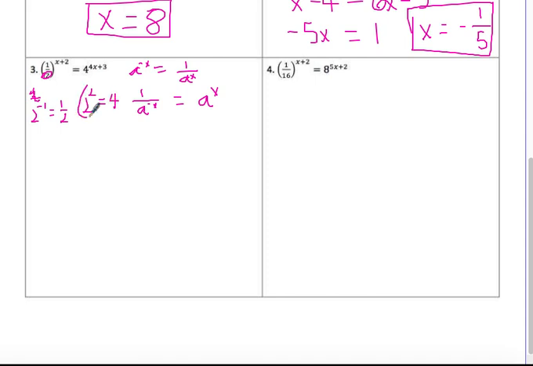So I can see right there, that's going to be my common base on each side. So I can rewrite this equation as 2 to the negative 1 to the power of x plus 2 equals 2 squared to the power of 4x plus 3.